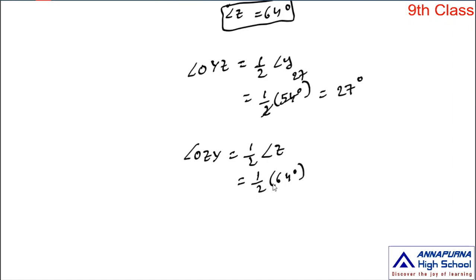Cancel the two table in 64, 32 times, that is equal to 32 degrees. So angle OZY is equal to 32 degrees.